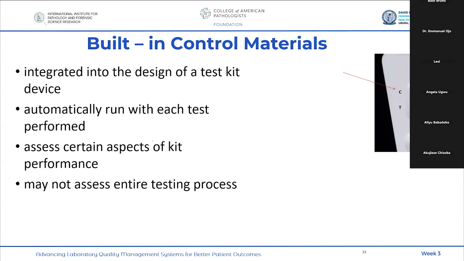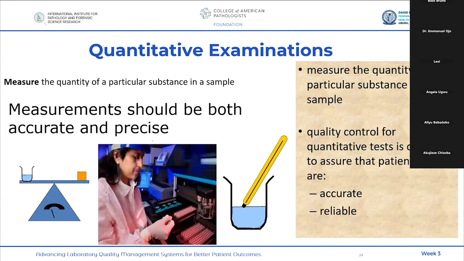And then, of course, it may not assess the entire testing process, because this will not assess the other pre-examination issues that may affect the reliability of the result. And that is why we say that quality assurance is actually broader than quality control.